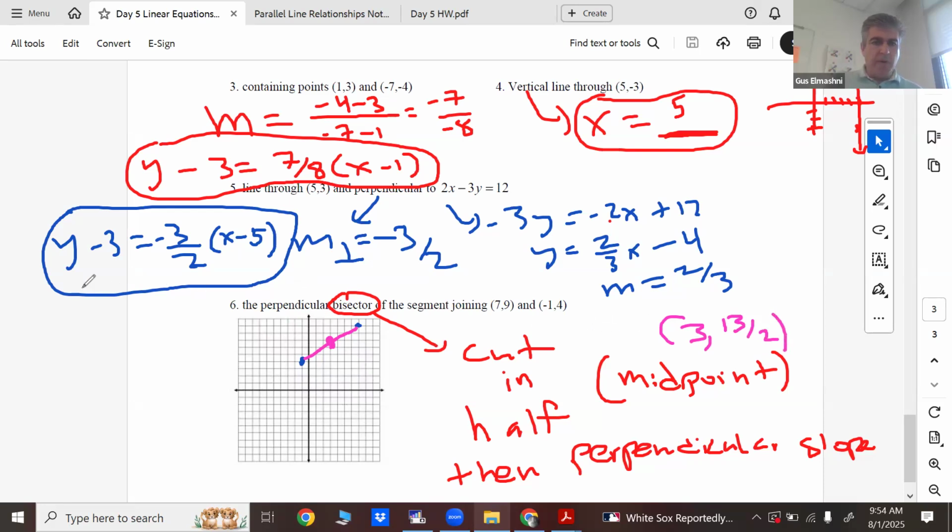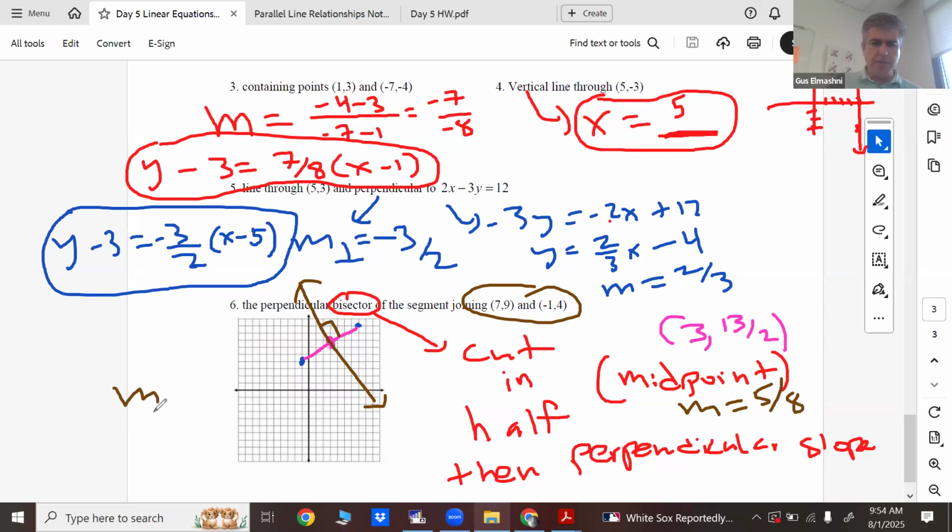And then you have to go perpendicular to it. So the brown line is what I want. The slope here is going to be 5/8, I think. Yeah. 5/8.